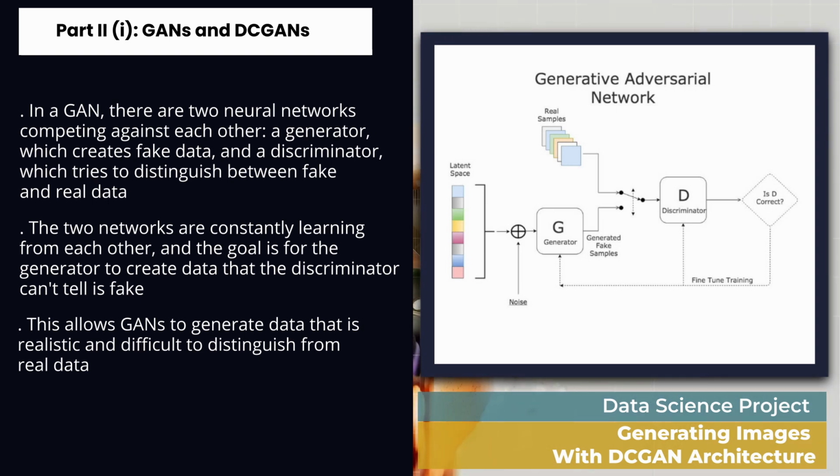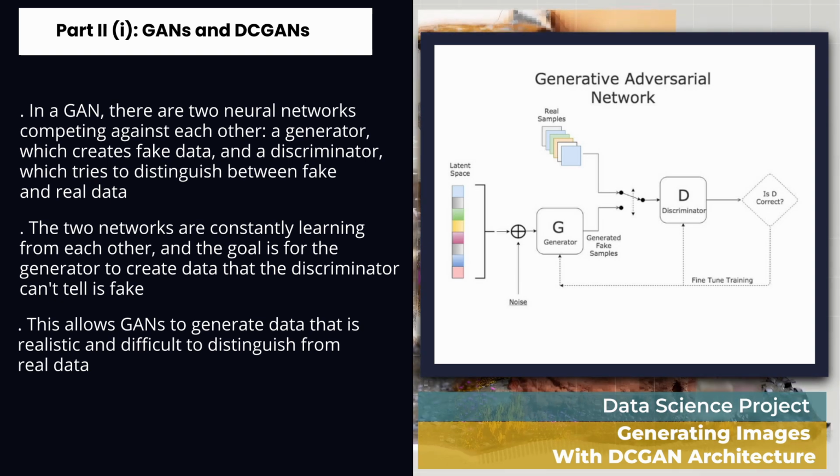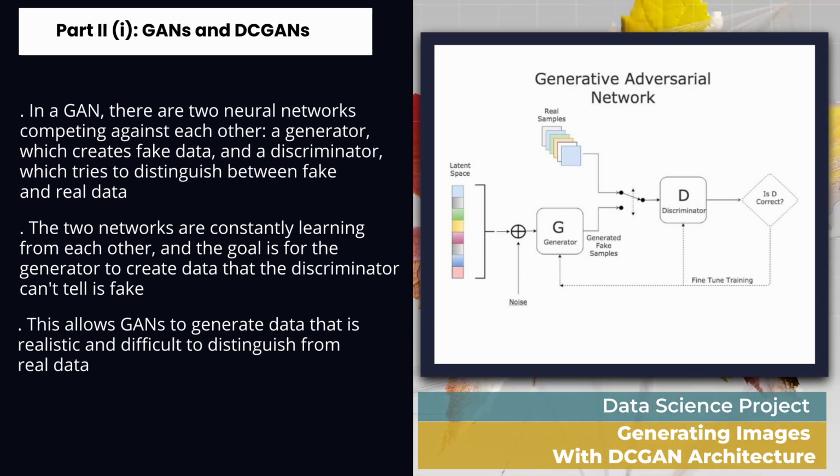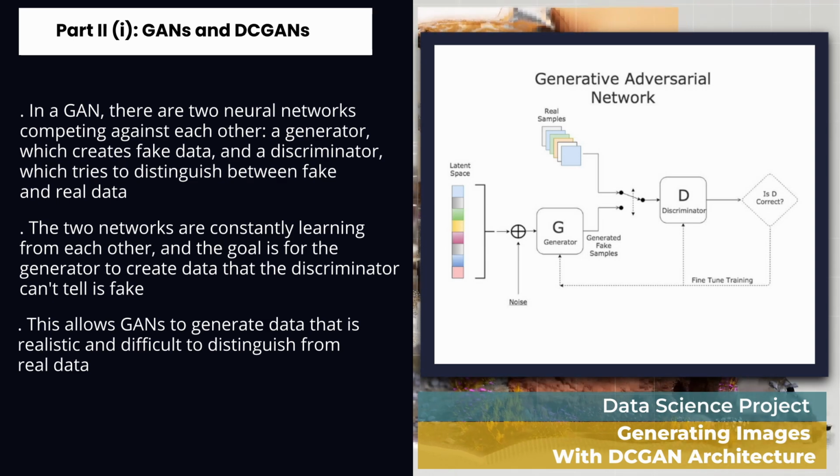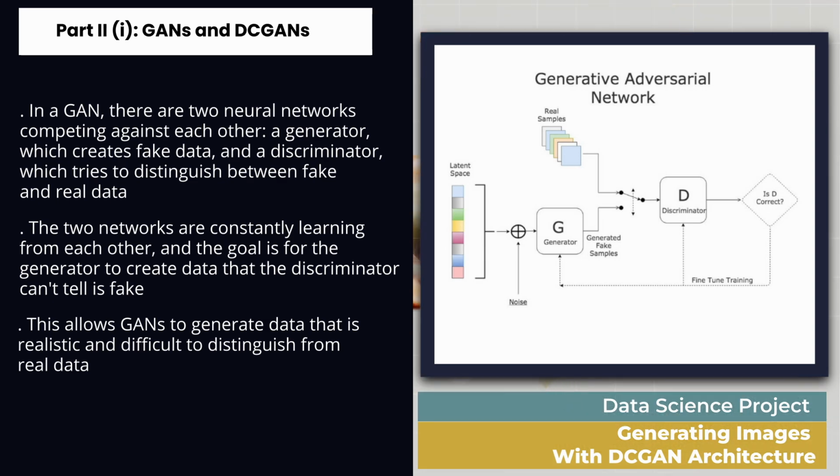Those fake images are then appended to real samples and then put into the discriminator to classify it into fake or real. Accordingly, whatever error we are getting from the discriminator is then used to fine-tune our generator to learn the weights and generate better fake samples.